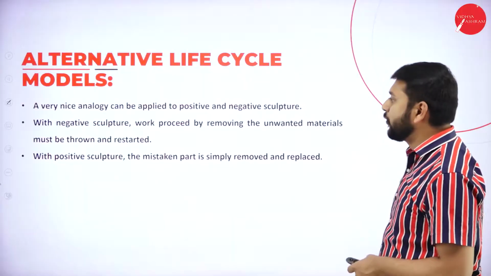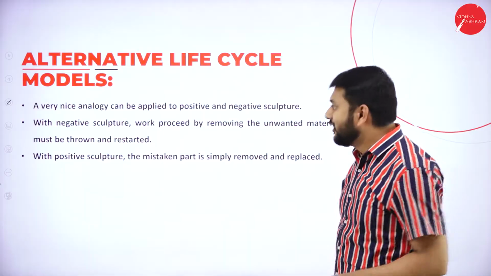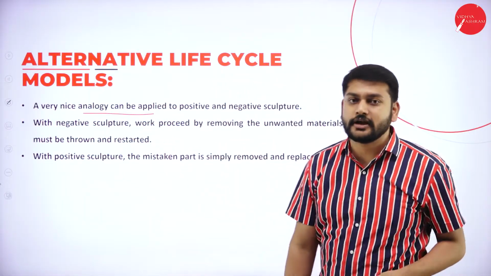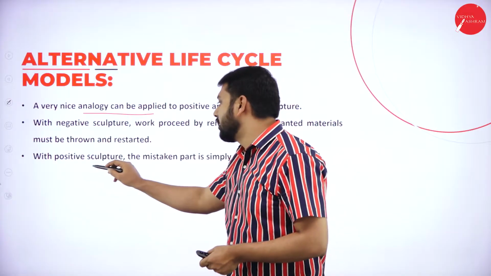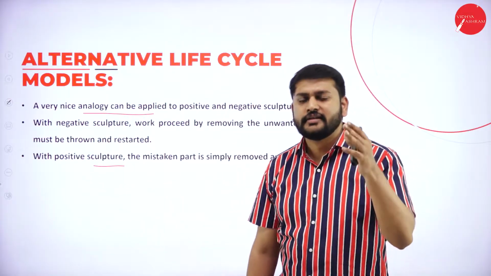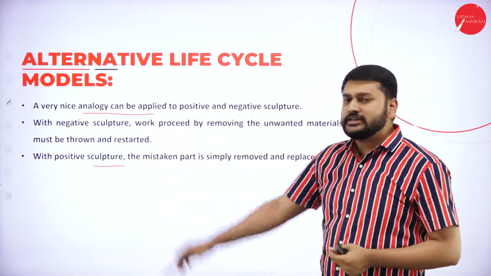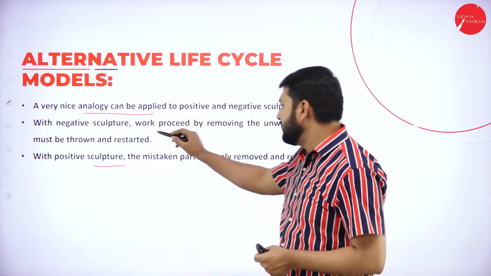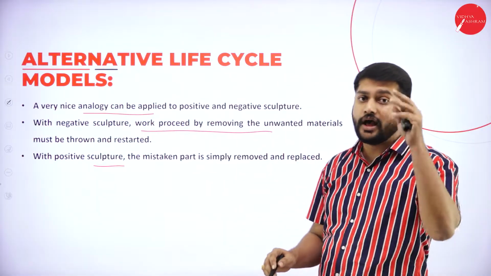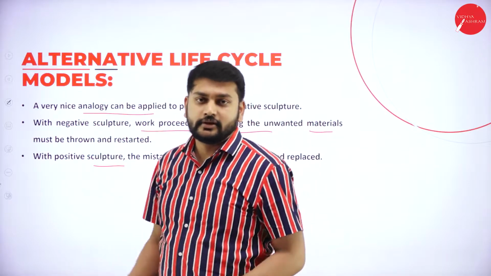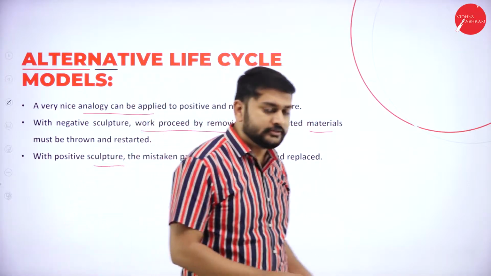Moving forward to the next points. A very nice analogy they give here is the negative sculpture and the positive sculpture. What exactly do negative and positive mean? When it comes to the negative sculpture, the work proceeds by removing the unwanted materials. That's an important thing. So it's kind of a big bang approach.